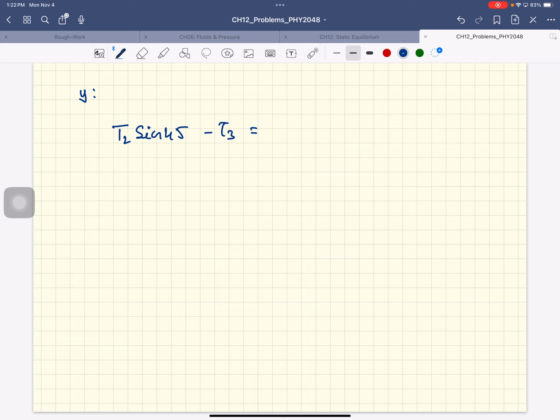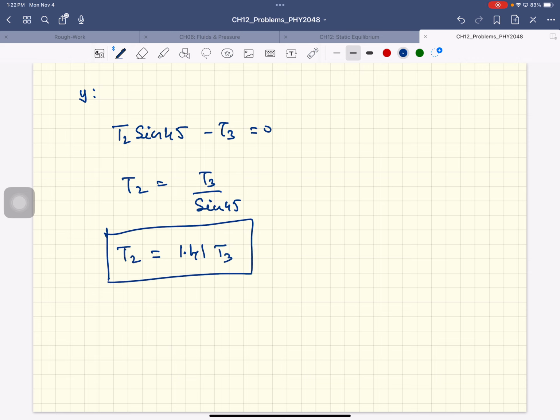So T2 equals, and sine and cosine of 45 are the same, so 1.41 T3. So what we found from this equation is that T3 and T1 are the same.